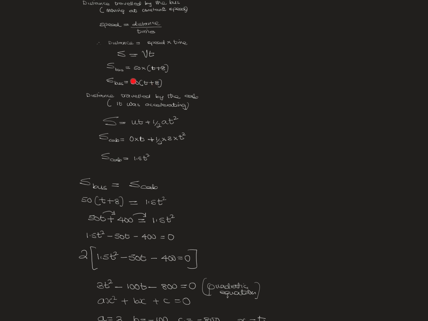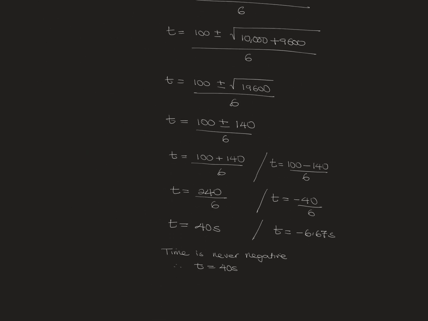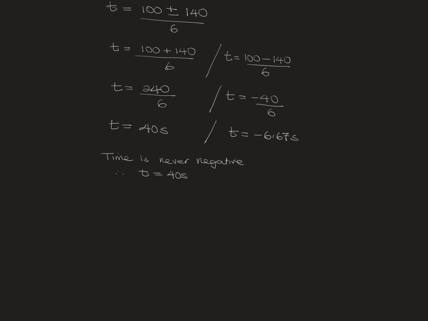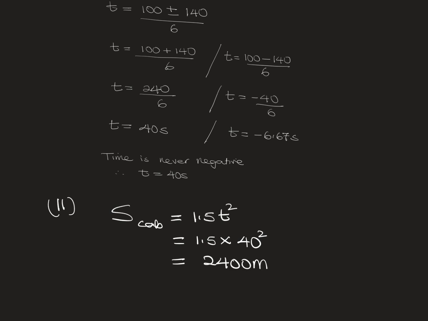So we can use any of them. So let me use the distance traveled by the cab as 1.5 t squared. So that will be 1.5 times the time taken, which is 40, so 40 squared. 1.5 times 40 squared is 2,400 meters.